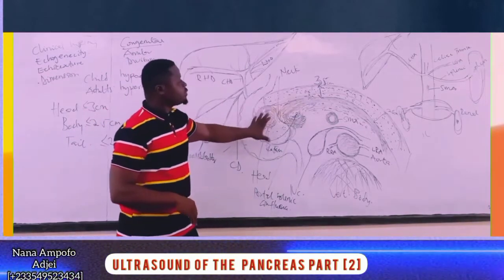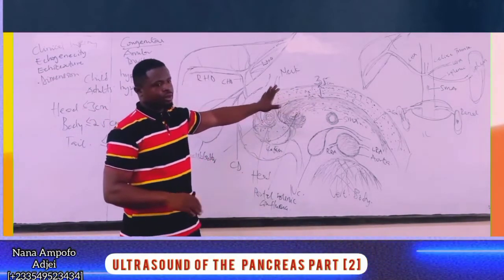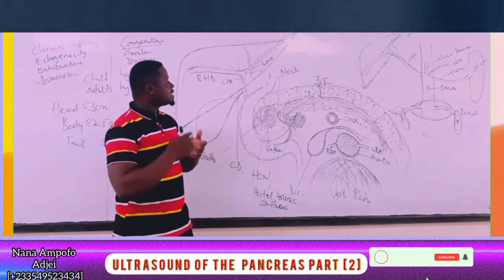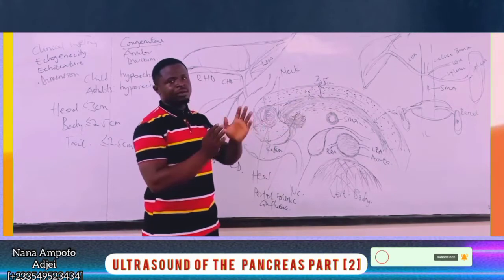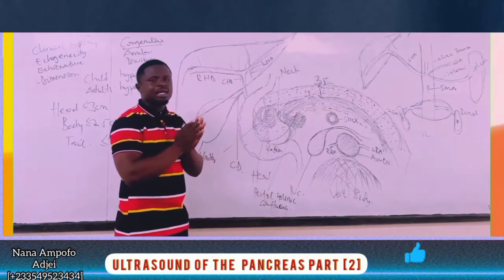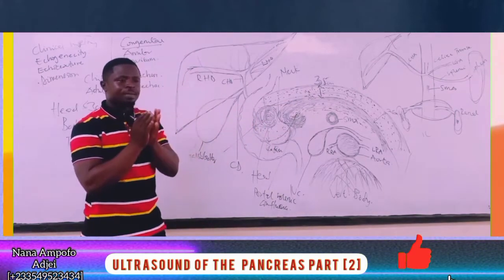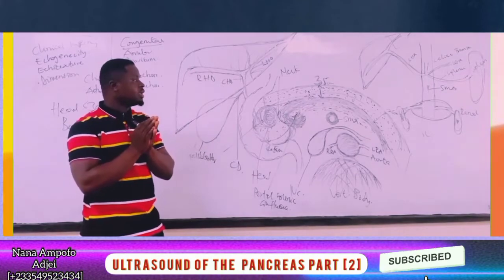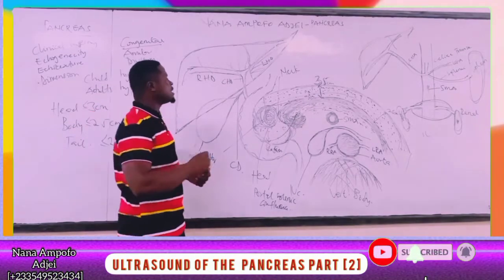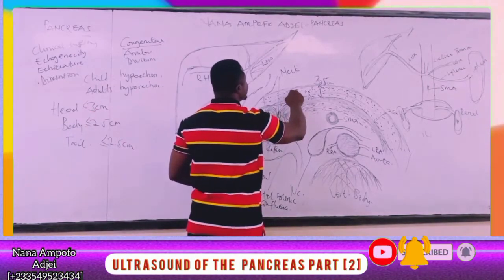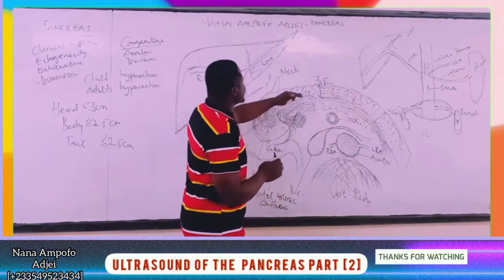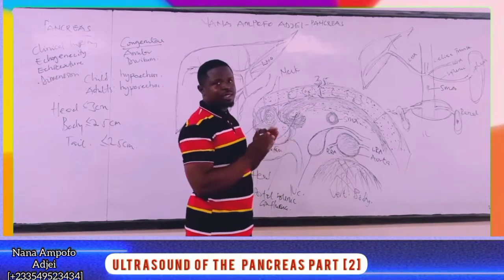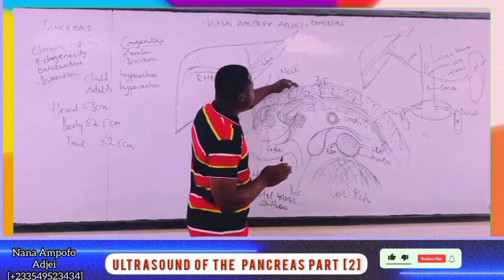And at times, you may also scan and there may not be an overall homogeneous increase in size, but there may be focal masses within the pancreas that are causing the whole pancreas to become enlarged. So we have focal pancreatitis. Assuming there is a mass within like this, the size may not be as expected, and as we know, the size may increase.